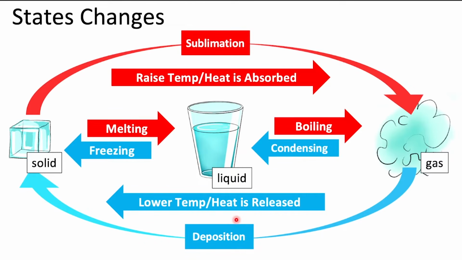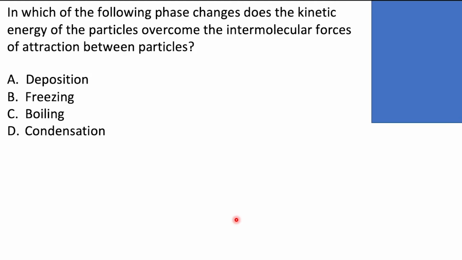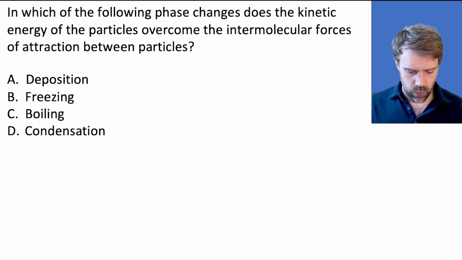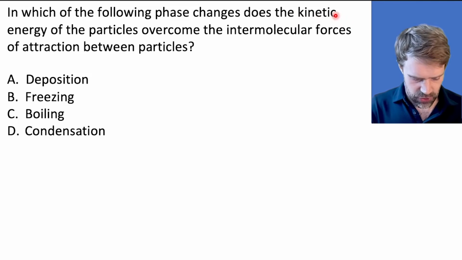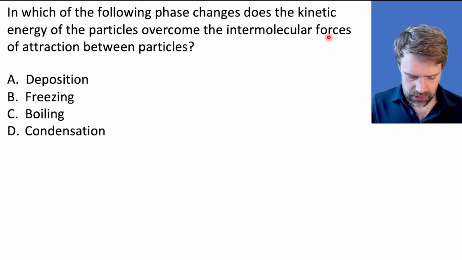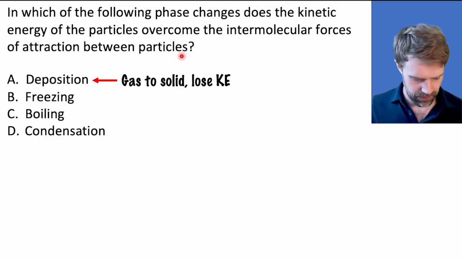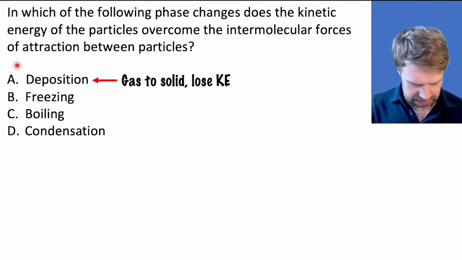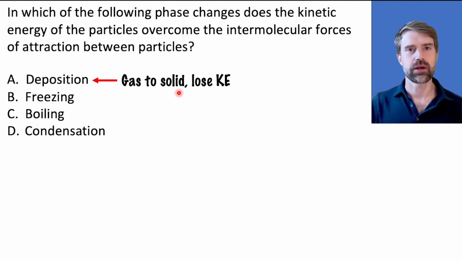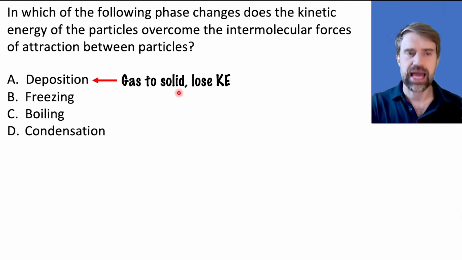Okay, let's wrap up with a bunch of TEAS practice problems. In which of the following phase changes does the kinetic energy of the particles overcome the intermolecular forces of attraction between particles? Let's look at these choices one by one. Choice A is deposition, where a gas turns into a solid. Now, for this to happen, the particles have to stick together, right?